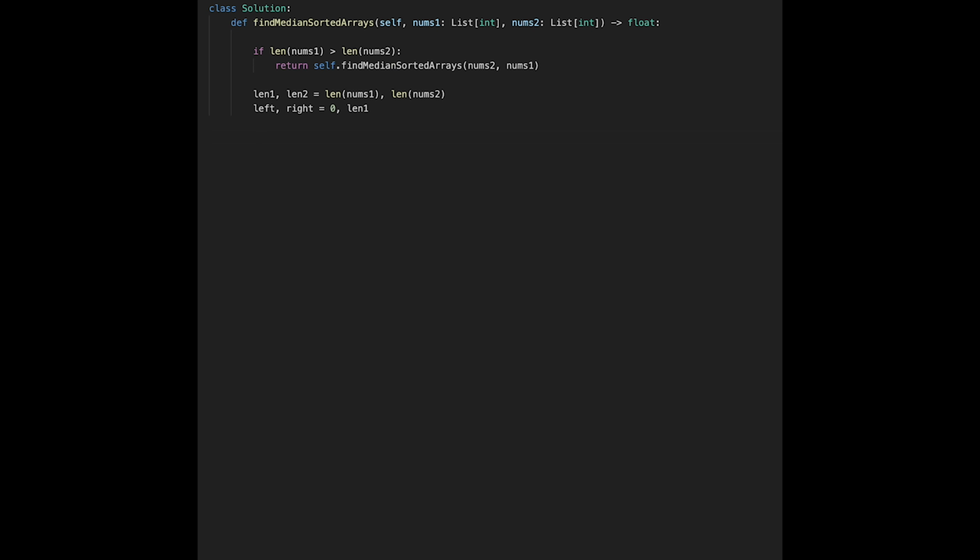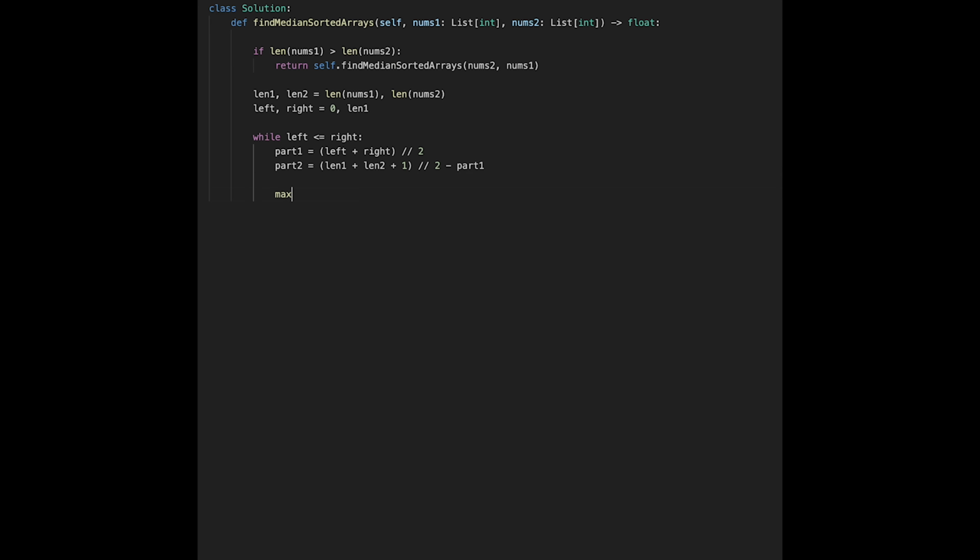And let's execute the binary search. While left is less than or equal to right, we continue. So partition 1 equals left plus right divided by 2, and partition 2 equals length 1 plus length 2 plus 1, divided by 2, minus partition 1.